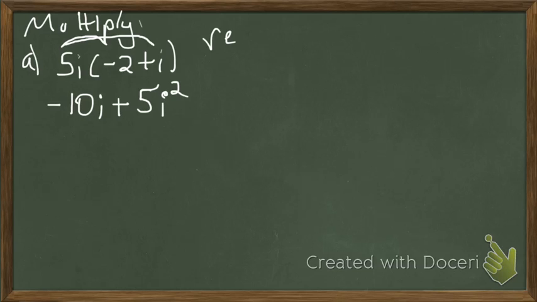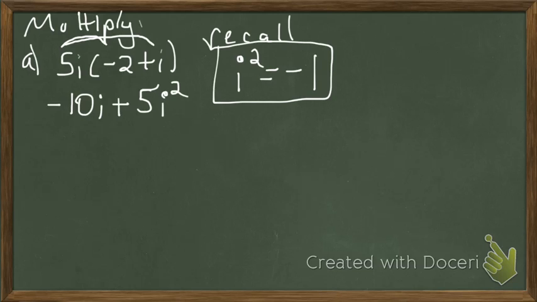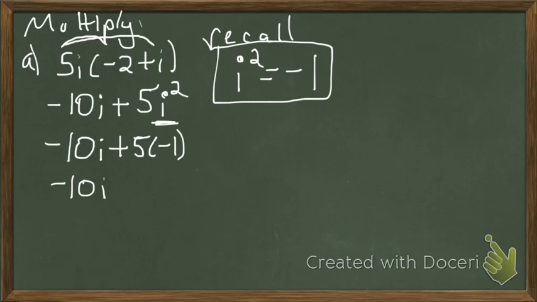Now, recall, i squared is negative 1. So we can substitute negative 1 in for i squared. So I really have negative 10i plus 5 times negative 1, which becomes negative 5.